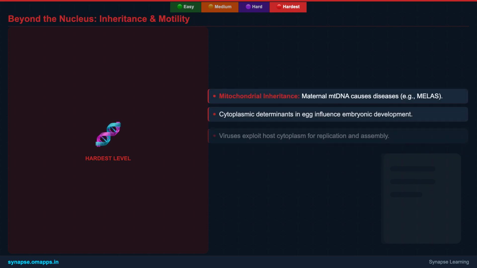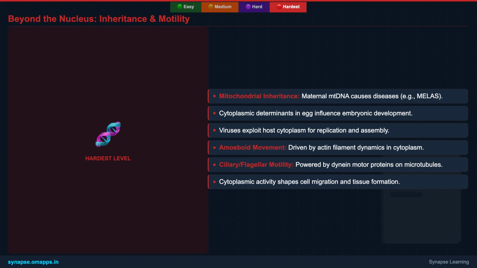Beyond nuclear DNA, the cytoplasm holds genetic information, notably in mitochondrial DNA, mtDNA, which is maternally inherited. Mutations in mtDNA can cause severe mitochondrial diseases affecting high-energy tissues.